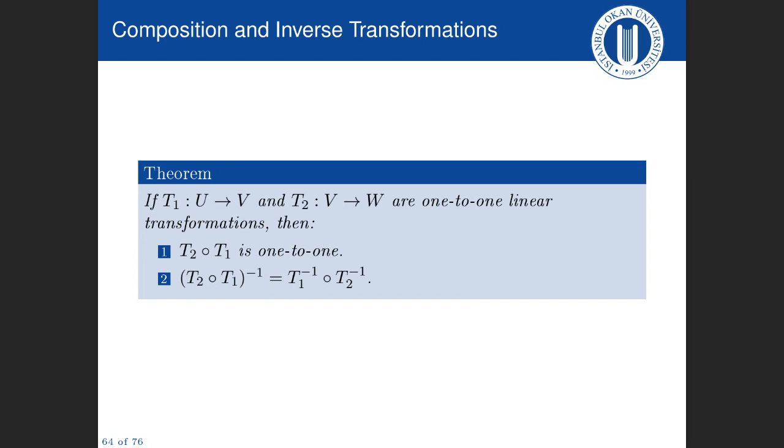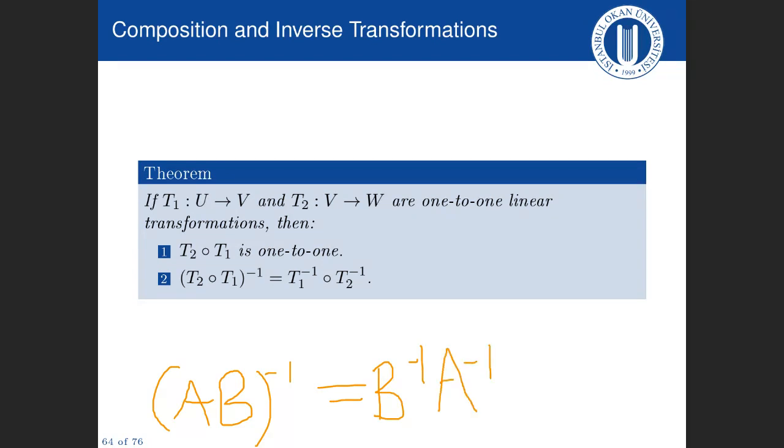Now, remember when we did matrices, what is the inverse of AB? Remember, it's B inverse, A inverse. We swap the order of A and B, that's exactly what we're doing here. Swap the order of T1 and T2 and then do the inverse of each one.